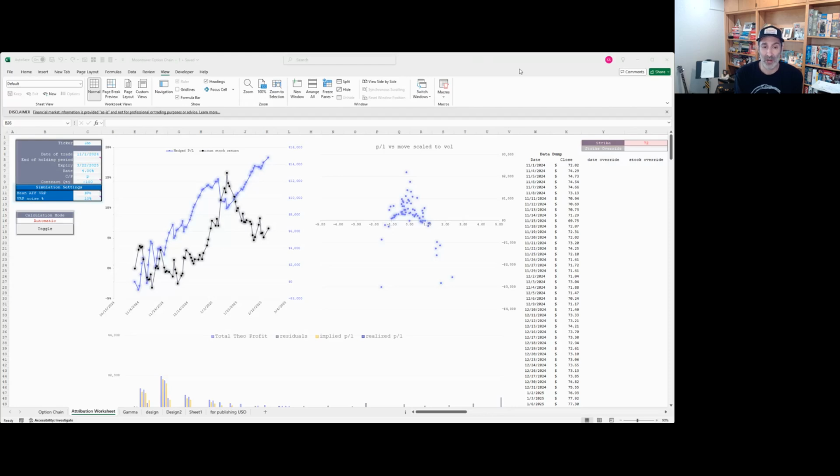Looking at your vol P&L is going to determine if you're making or losing money on vol. That gets to the heart of the question: how do I assess the vol component of what I'm doing? If I sell this option and I make money because the stock went down, how do I know that selling that option was a good trade versus just having shorted the stock? The answer comes back to looking at your vol P&L from the trade.